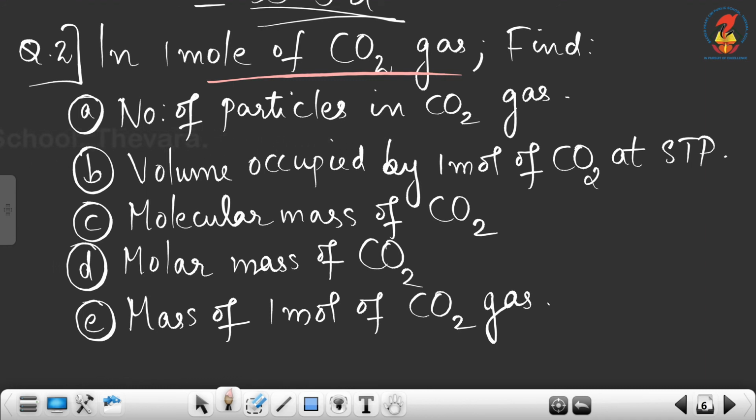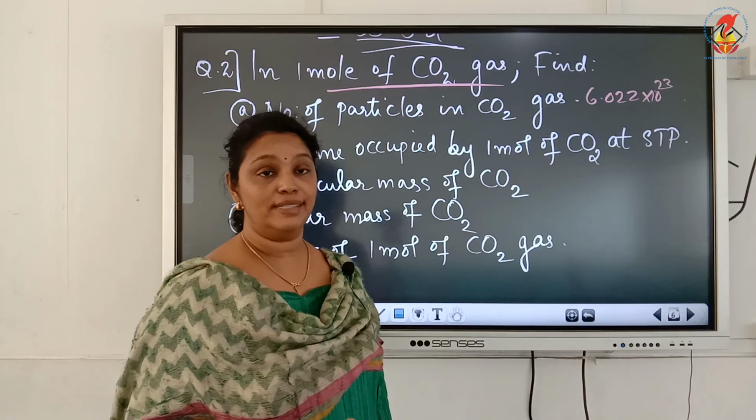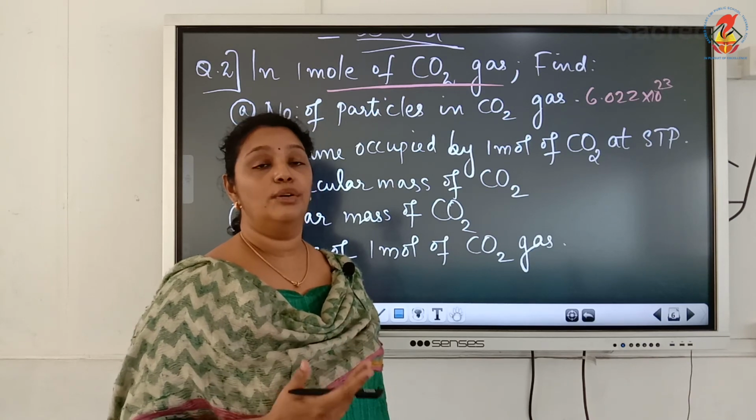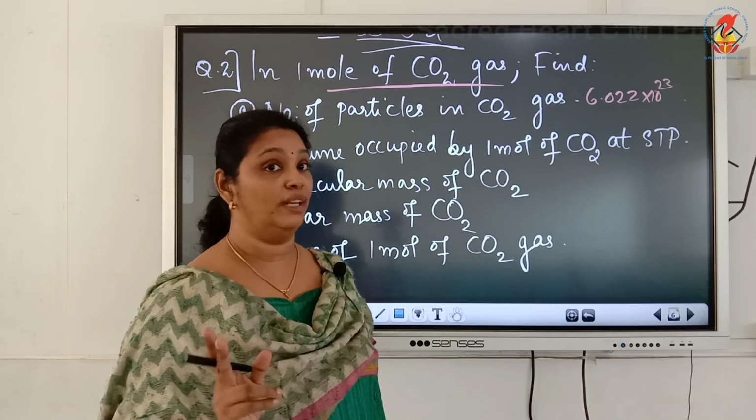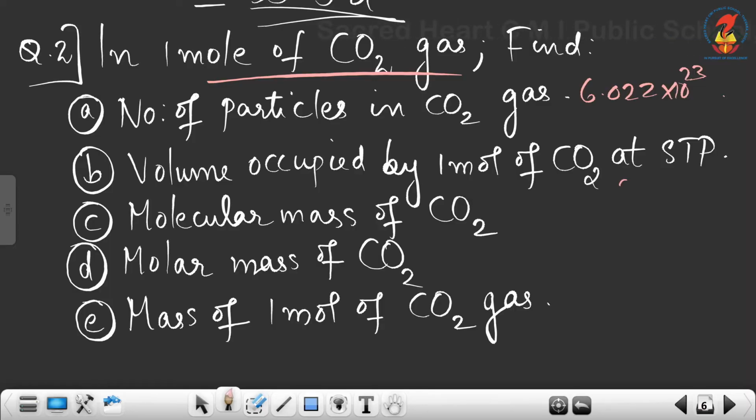It contains Avogadro number, that is 6.022 into 10 raised to 23 particles. Now, what is the volume occupied by 1 mole of carbon dioxide at STP? We already discussed, all gases will occupy 22.4 liters at STP, 1 mole of all gases. So here 1 mole of carbon dioxide will occupy 22.4 liters at STP.